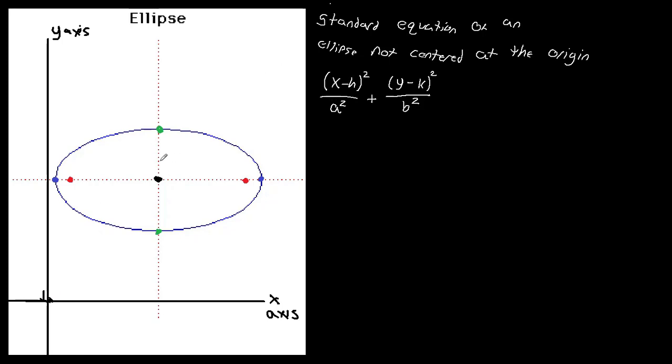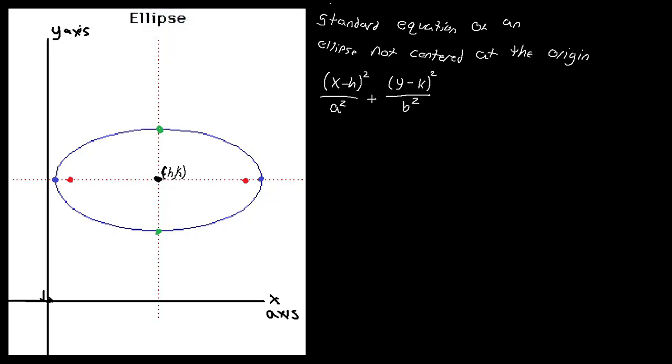So our center is now no longer at 0, 0. Now it's centered at h, comma, k. We've gone over in the x-axis h amount, and we've gone up in the y-axis k amount, and that's why we have h and k here.